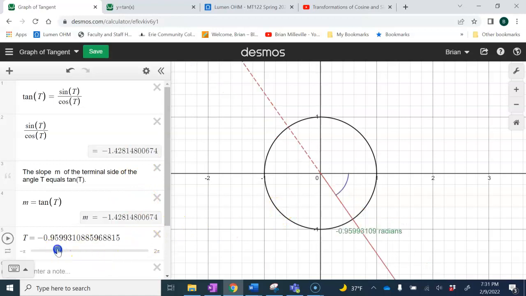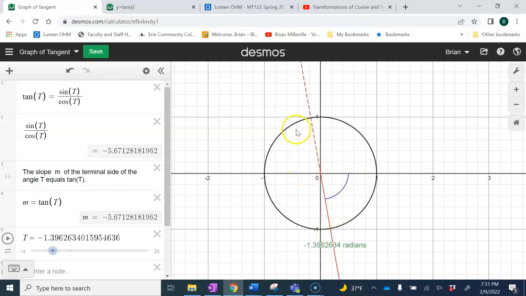The closer we get to negative pi over 2, the steeper the line gets with a negative slope, and therefore our value for tangent is more negative. It's larger in magnitude, but negative.